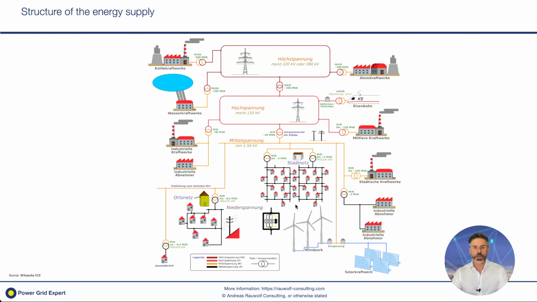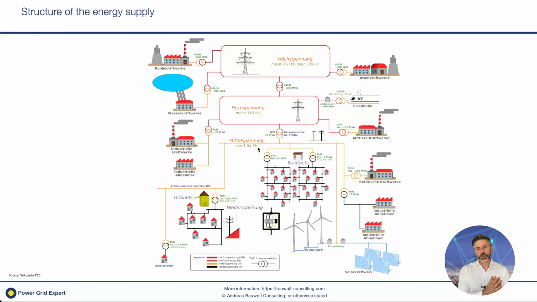With low voltage, there is the last part of the distribution. It takes place in the low voltage cables going to the houses, going to smaller industrial companies, for example. And then we have the customer and the endpoint of our energy supply grid.